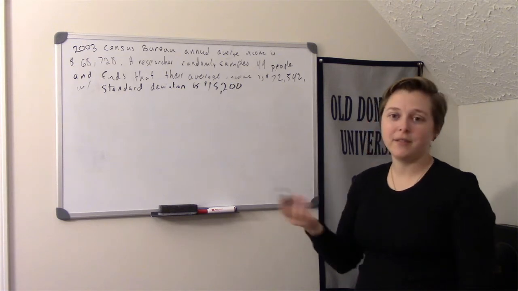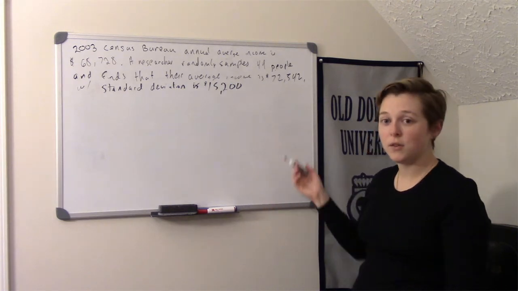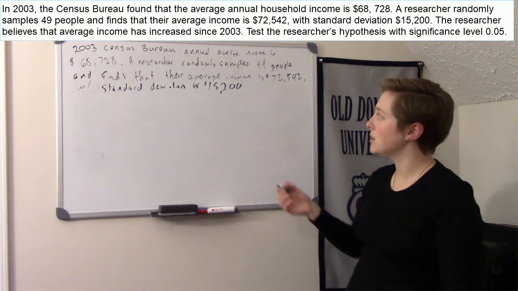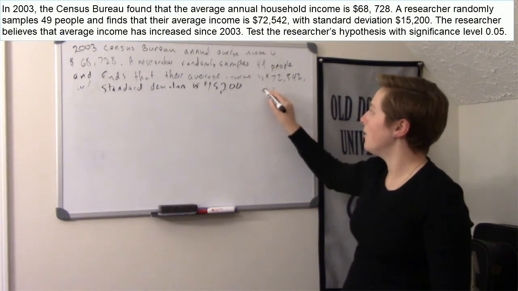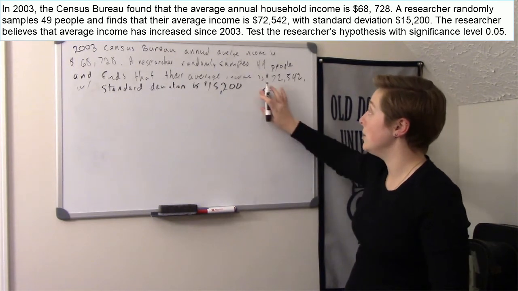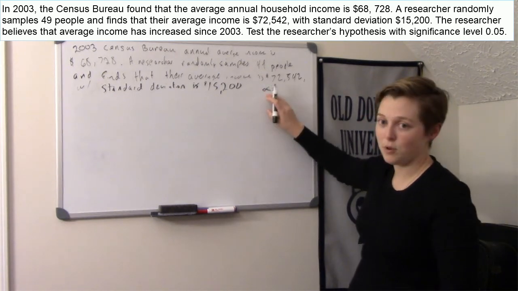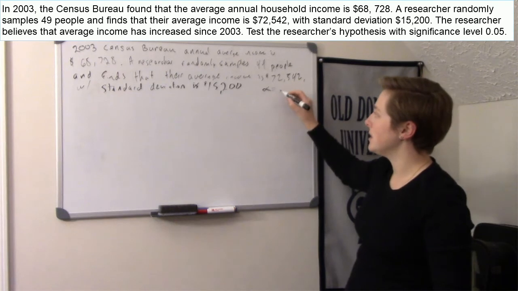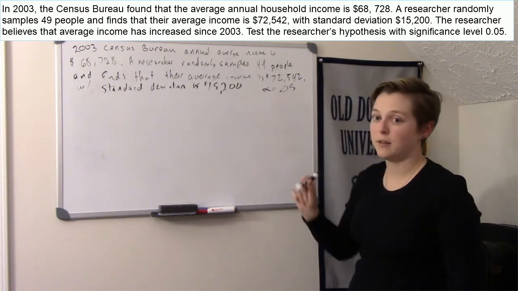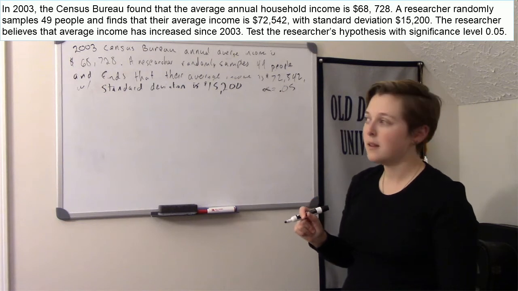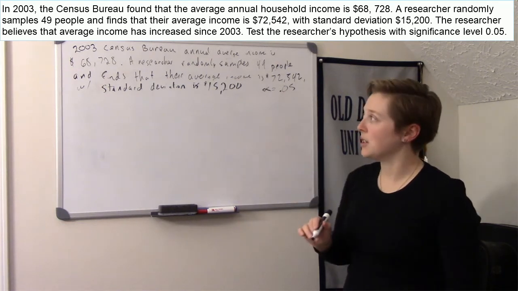Why increase? Because of inflation. Makes sense. So they want to know if it's increased. They want to use a significance level, alpha is usually how we notate our significance level, and I'll talk more about what it means. But they want to use a significance level of 5% or 0.05. Okay, so that's another piece of important information. All right, so they want to test if the average income has increased.